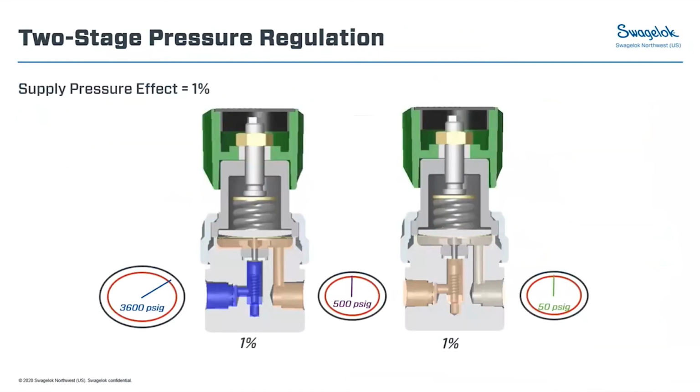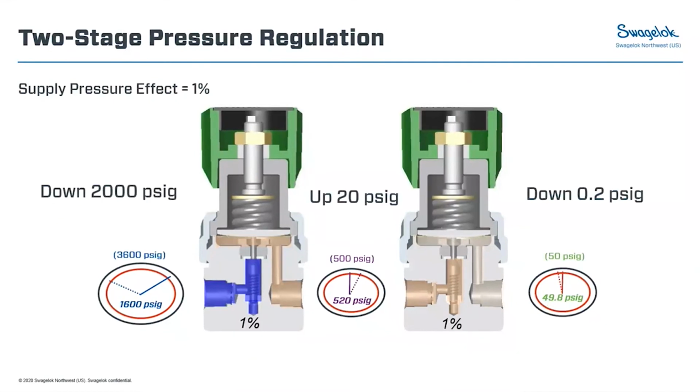So if we look at a quick example here, let's say we now add another regulator to our first example. We still have two regulators, each with a supply pressure effect of 1%. So we've got 3600 psi going into our first regulator, and we're going to drop that down to 500 psi. And then our second regulator is going to drop us down to 50 psi, like we had before.